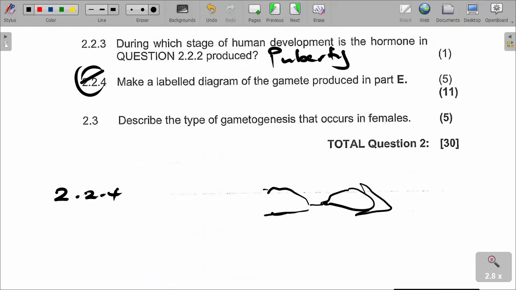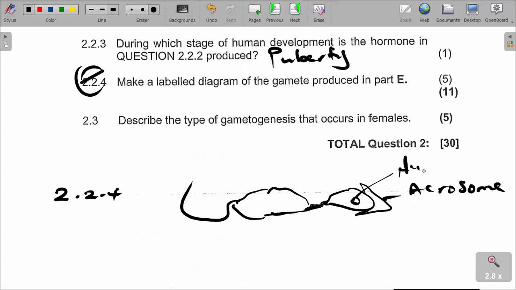The sperm cell, that's the sperm cell there. So we say it's an acrosome. We have the nucleus. We have got the head of the sperm cell.